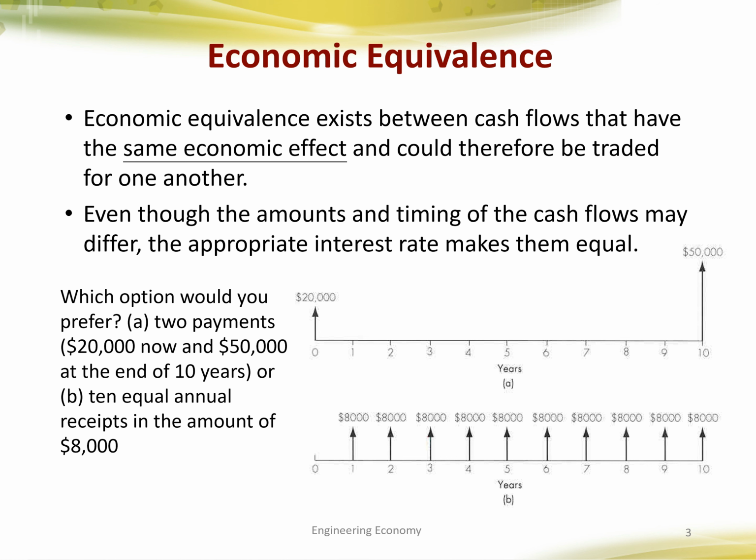So economic equivalence can exist between two different cash flows in the sense that they have the same economic effect. Right? They can buy the same, they have the same economic value and can therefore trade it for one another because they are of equivalent economic values.